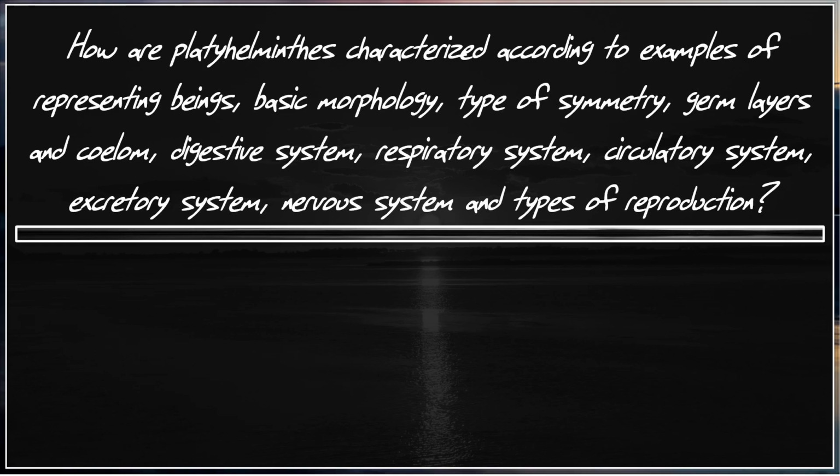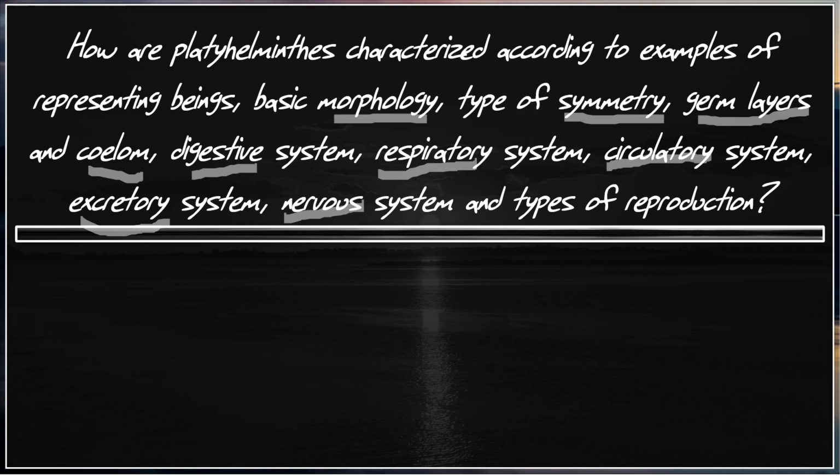How are Platyhelminthes characterized according to examples of representative beings? Basic morphology, type of symmetry, germ layers and coelom, digestive system, respiratory system, circulatory system, excretory system, nervous system, and the type of reproduction.